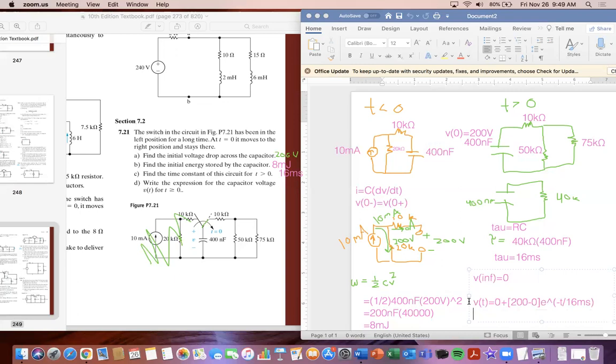So now we can solve for v of t. V of t is going to be equal to 200 e to the negative, and what I get for my negative 1 divided by 16 milliseconds is 62.5. And so that's what I got here, where t is greater than or equal to 0.